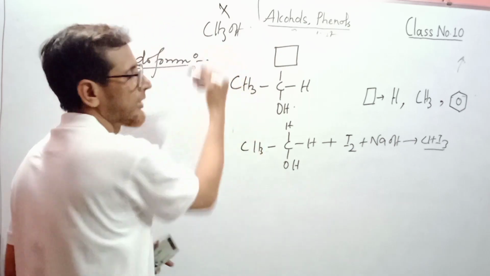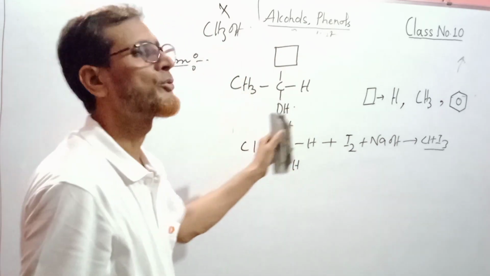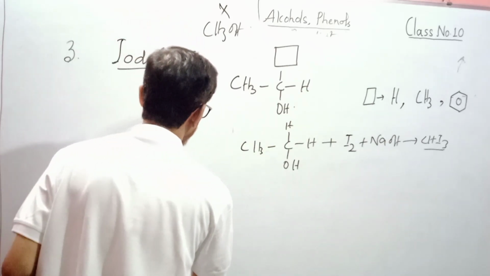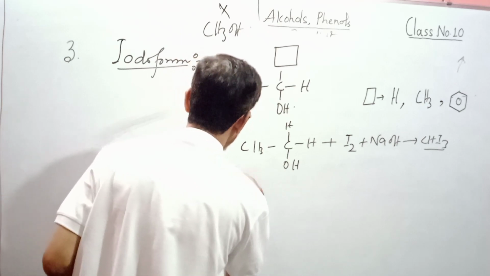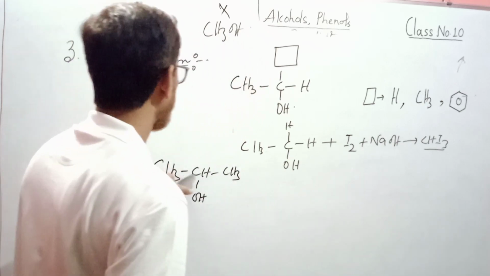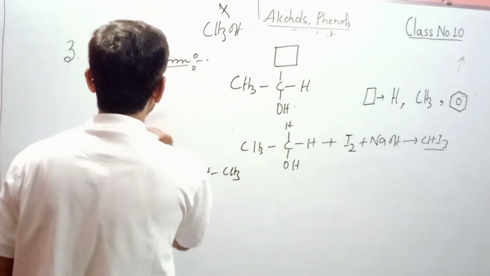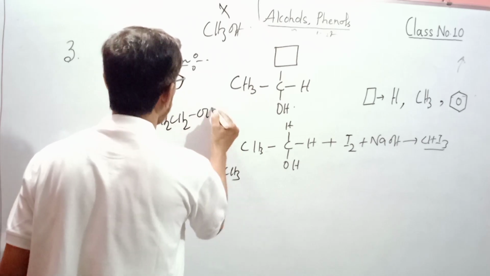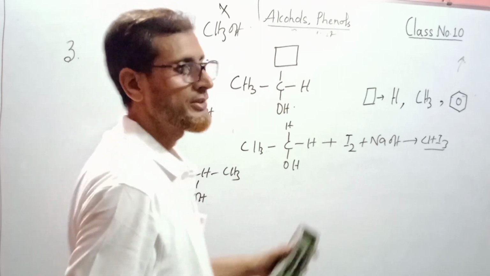Now, check with propanol or propan-2-ol. Let's see. CH3CHOHCH3 is propan-2-ol, and propanol means CH3CH2CH2OH. This is propanol, this is propan-2-ol.